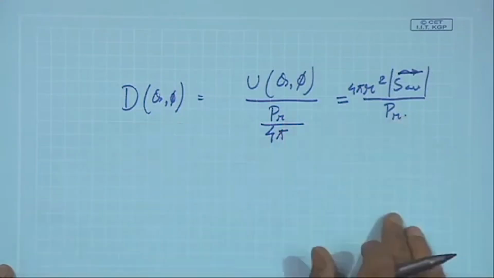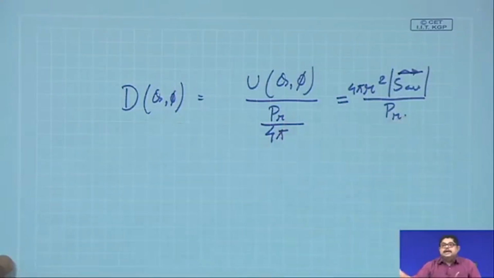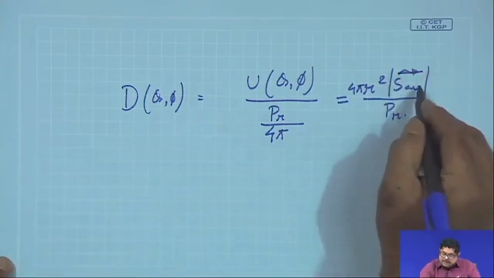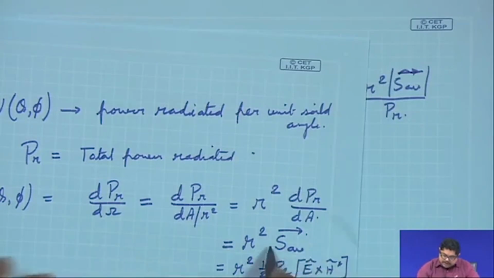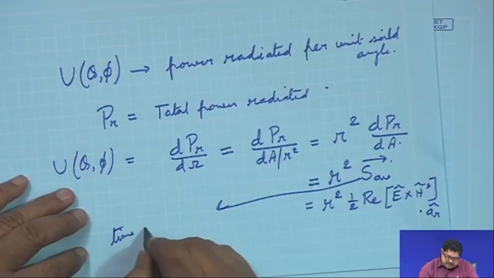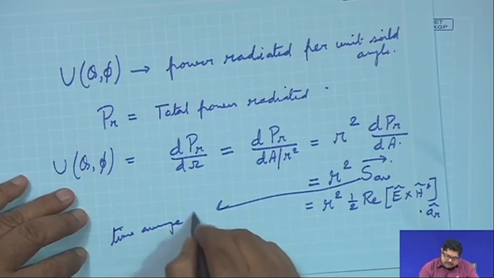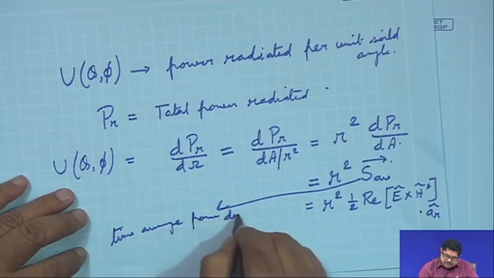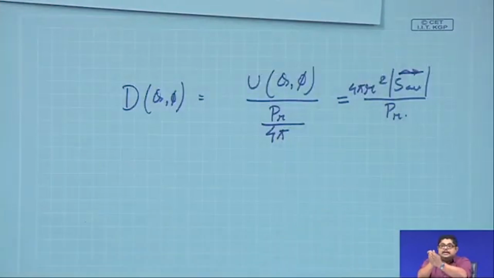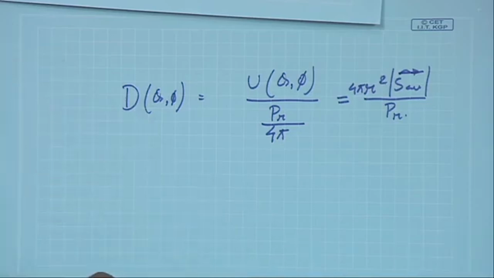So, directivity is this. So, at different direction I can calculate that what is the power density. This is nothing but our power density. S average, if you remember, we used to call it the time average. This is nothing but time average power density. So, this gives an idea that at this solid angle, how much better my antenna is compared to an omni.